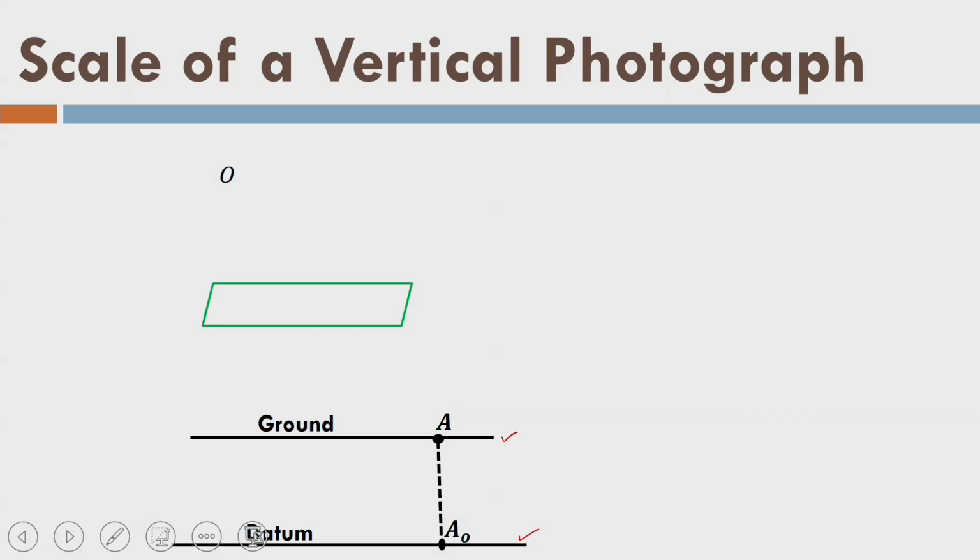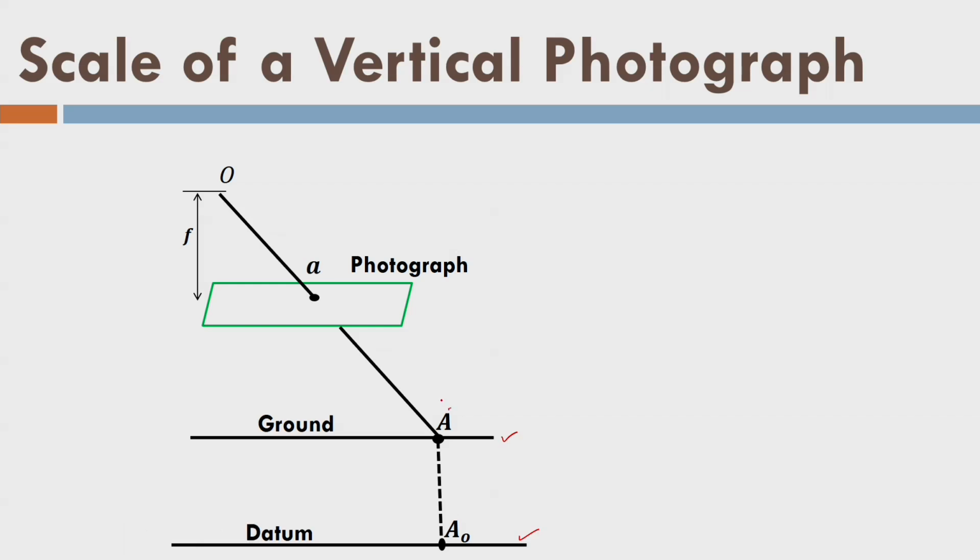So this is my point photograph, this is the A point, that is image of this point is this. Similarly, this is my optical axis that I just drew, and then if I say here that K point is my principal point, or capital K point is the projection of the principal point on ground, and K0 is the projection of principal point on the datum.